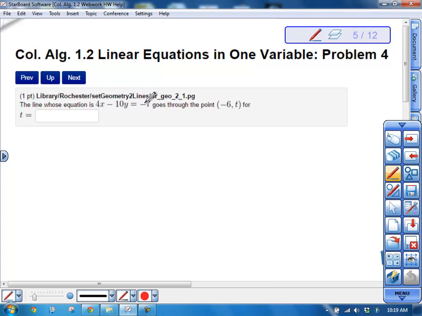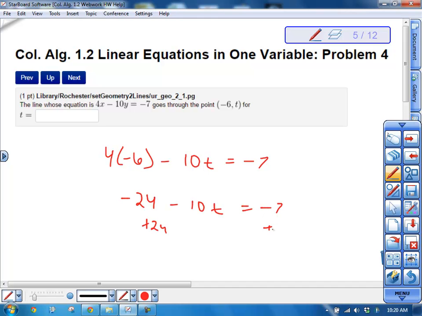Next equation just says the line whose equation is this goes through this point, where t is what? Well, just plug in negative 6 for x, and you get 4 times negative 6 minus 10, and then for y, we're going to plug in t. And we're just solving for t. So that's negative 24 minus 10t equals negative 7.